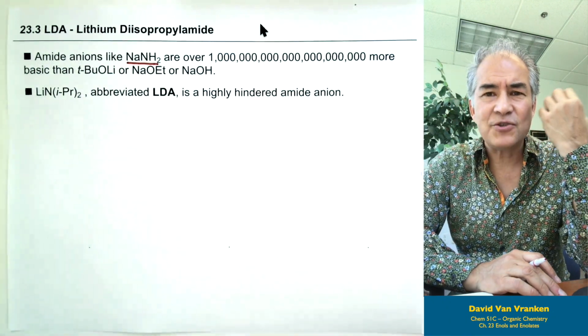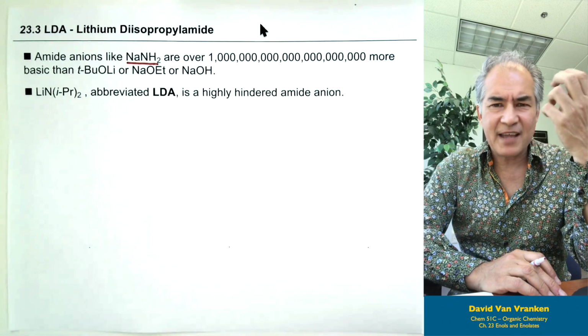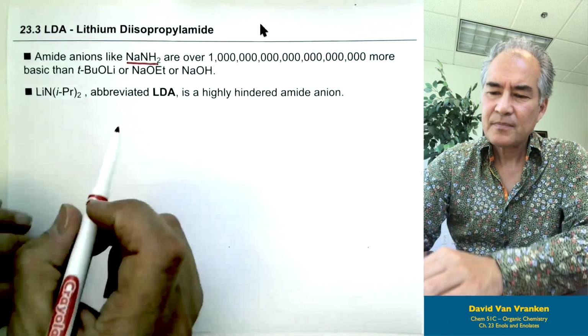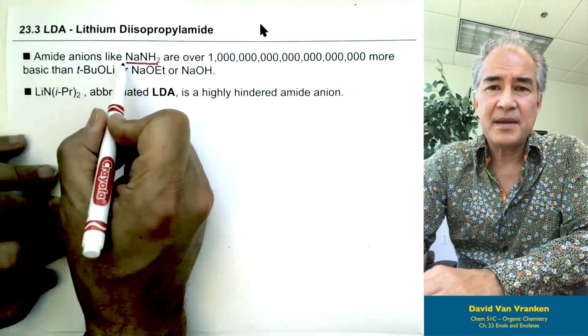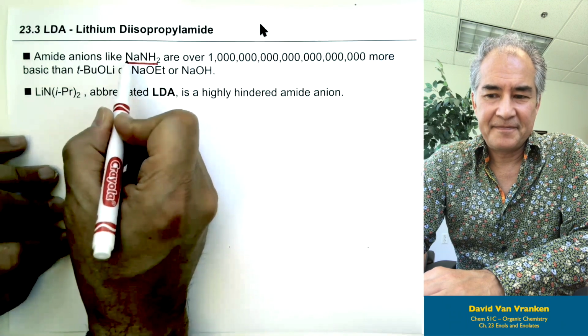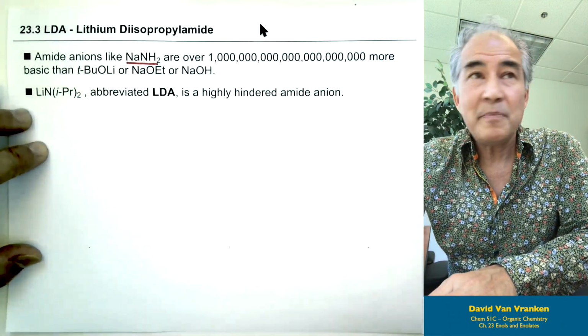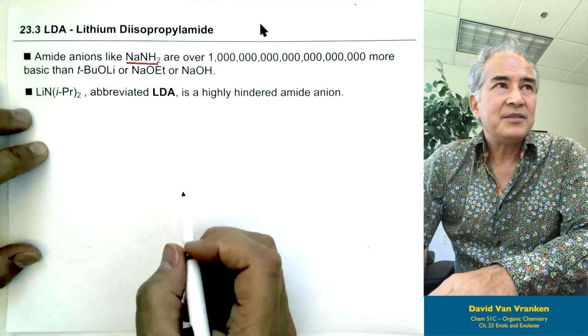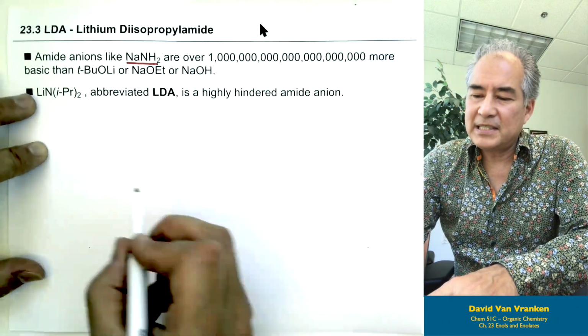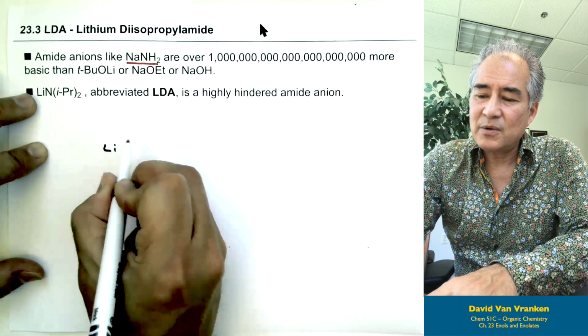Is that the same as sodium in liquid ammonia, or what's NH2? This base is called sodium amide. It's like an NH2 minus. And this new base that we're teaching you about, LDA, lithium diisopropylamide, let's go ahead and draw that out.